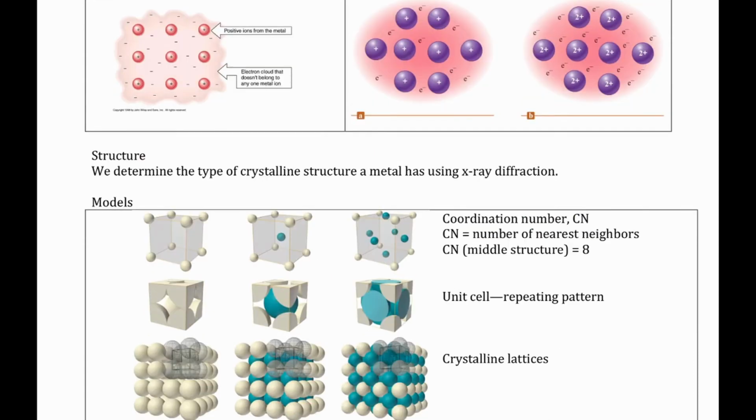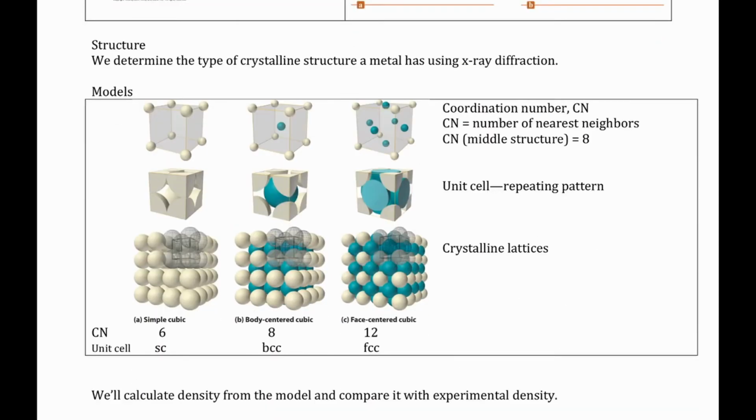Now we will spend time looking at structure. We determine the type of crystalline structure a metal has using a technique called X-ray diffraction.